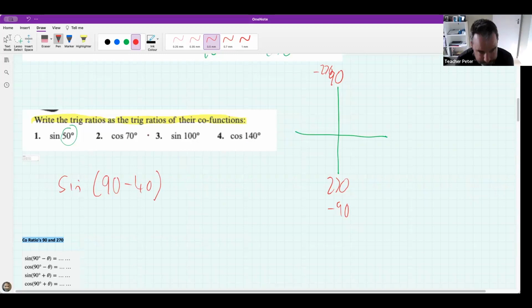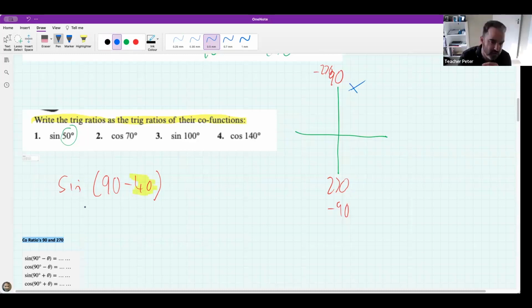Now, I have not written it as a co-function because the co-function of sine is cos. But what this shows me is how far away this is from the nearest vertical axis. It's 40 degrees away because 90 minus 40 gives me 50. Now, what quadrant am I in? I'm in quadrant number 1, and everything is positive there.